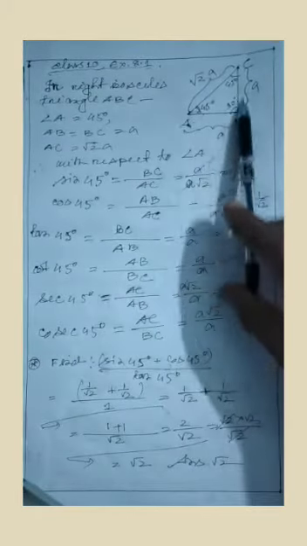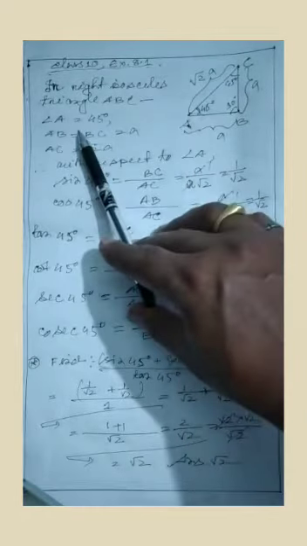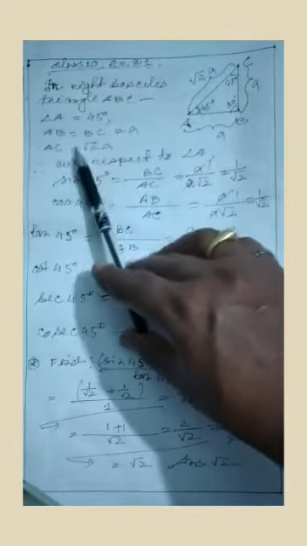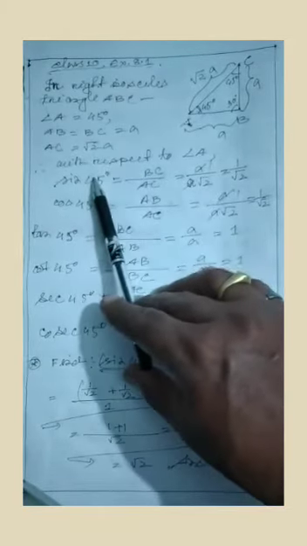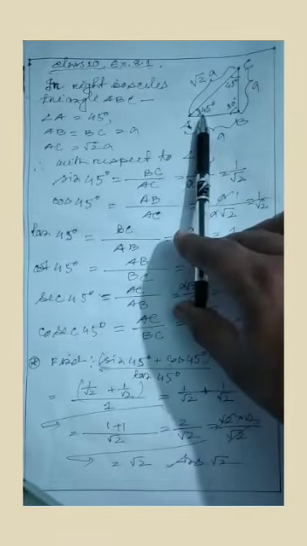Now in the diagram ABC, we got AB equals a, BC equals a, AC equals root 2 a. Angle A equals 45 degrees. With respect to angle A, this is 45 degrees.